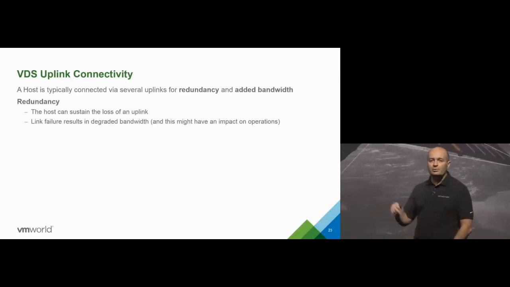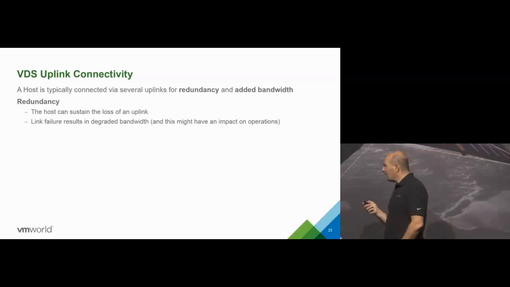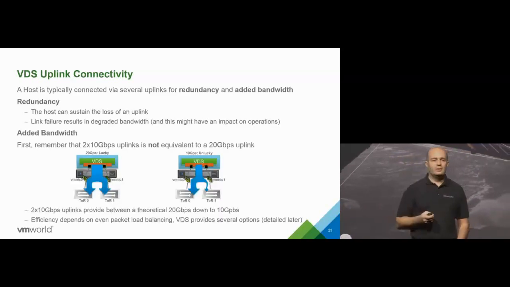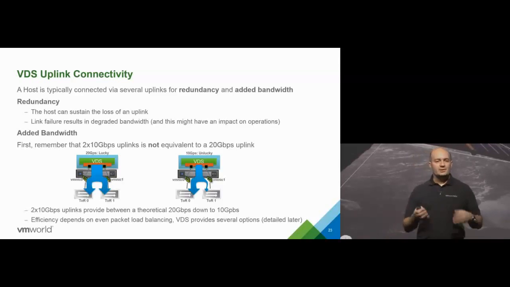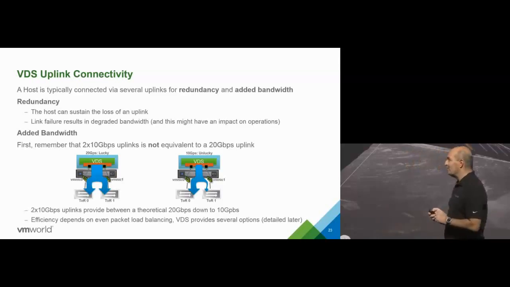If one link fails, you want to be able to fail over to the remaining uplinks. And also added bandwidth. And I have to warn you here that it's not because you have 2 times 10 gigs on your uplinks that you really have 20 gigs worth of bandwidth in your network. This is very important. Best case, you have 20 gigs, but worst case, it could be as bad as just 10 gig. So this is an important concept.